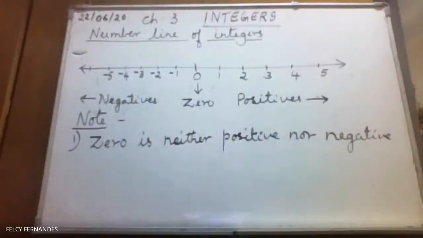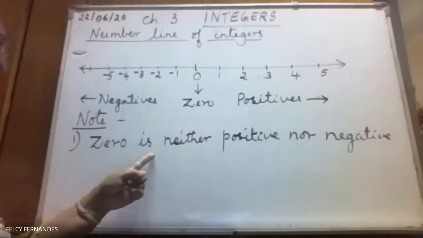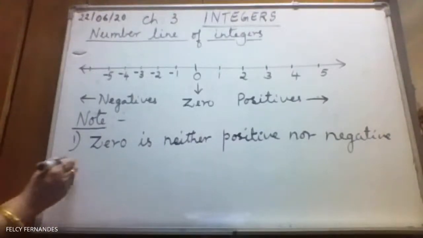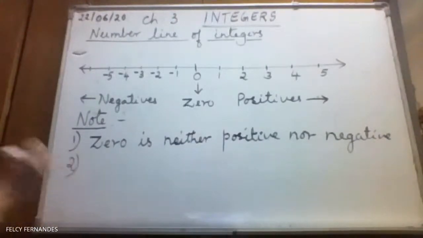Now, after writing each point, leave one line. After writing this point, leave one line, then go to the second point.